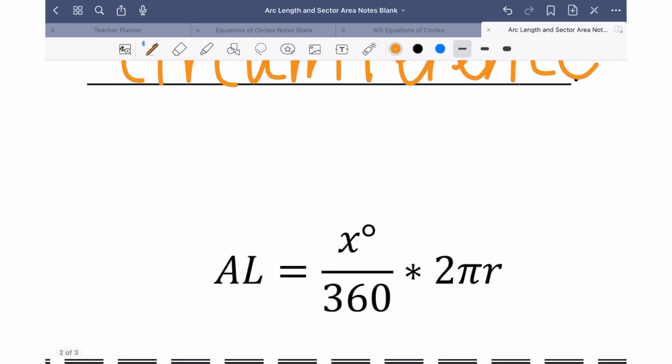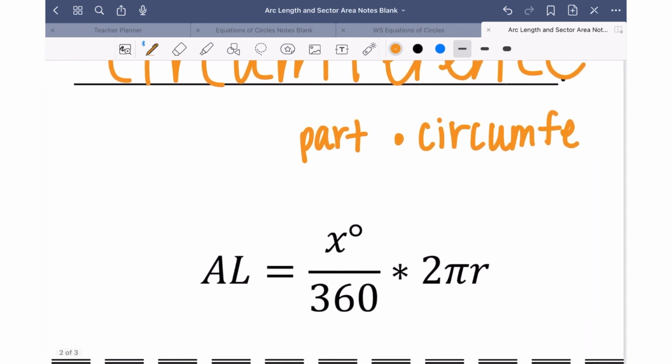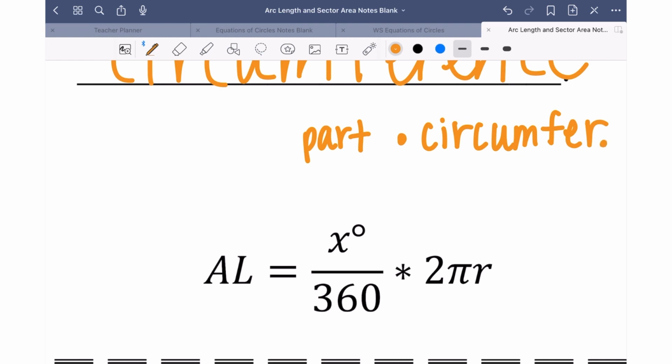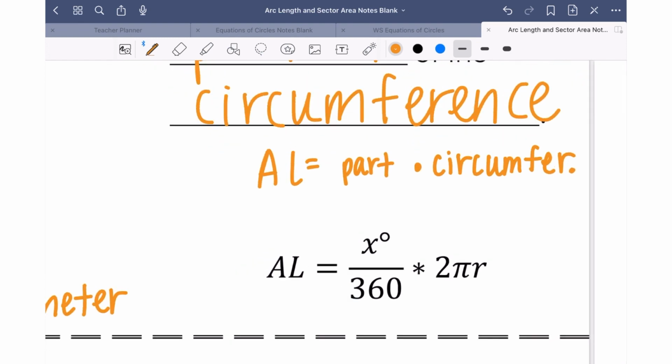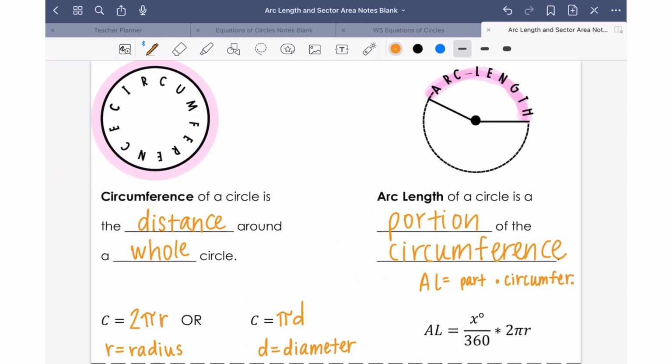So this is the part of the circle, or portion, times the circumference. So that's arc length. That's where the x divided by 360 comes from, because we know that a full circle is 360, but we need this amount of degrees, whatever the problem gives you.